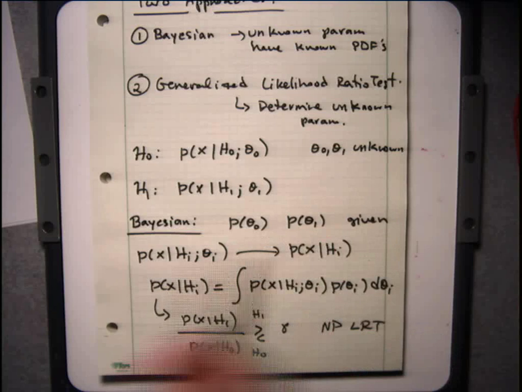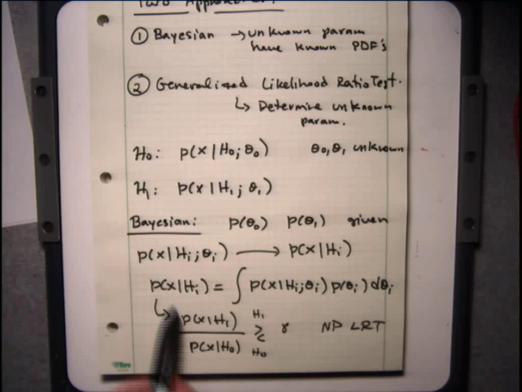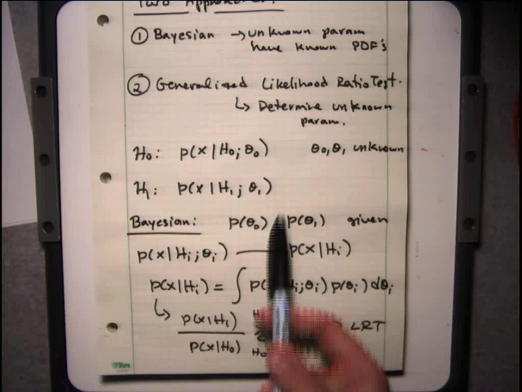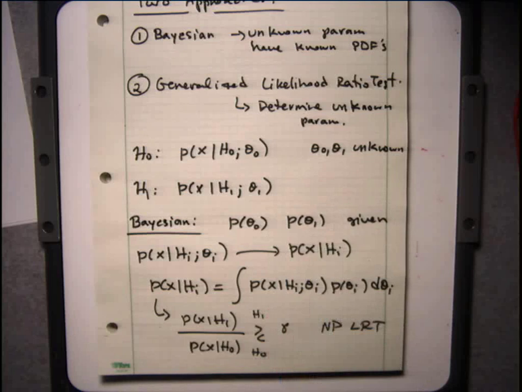Even though I do this integration, that effect doesn't go away exactly. So this marginalized PDF, even though it gives the appearance of being optimal, may in fact bias you away from the truth. On the other hand, the GLRT approach always relies on the data, even though you can't prove a general optimality result for it.